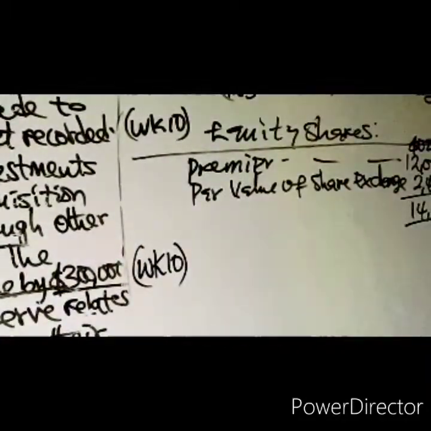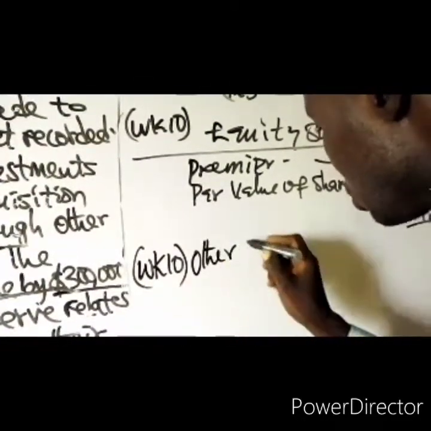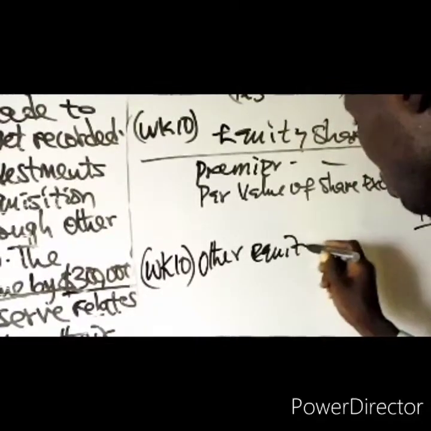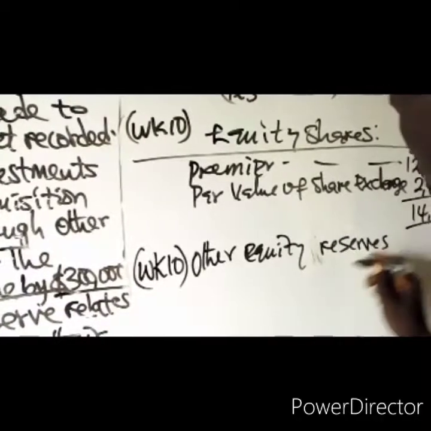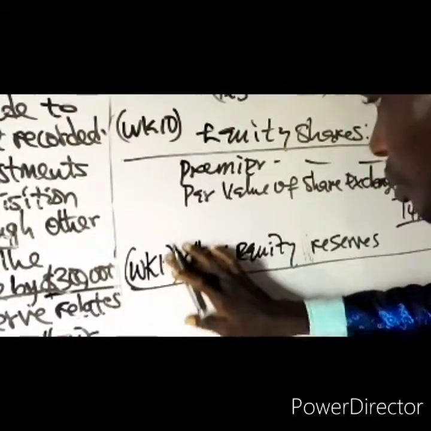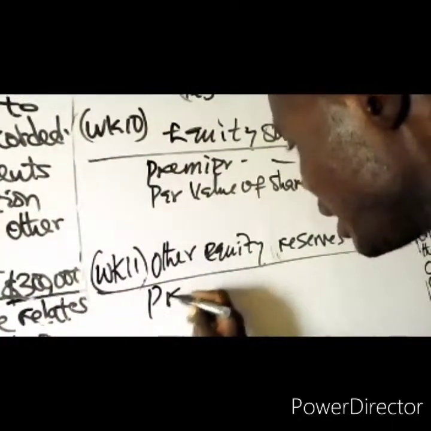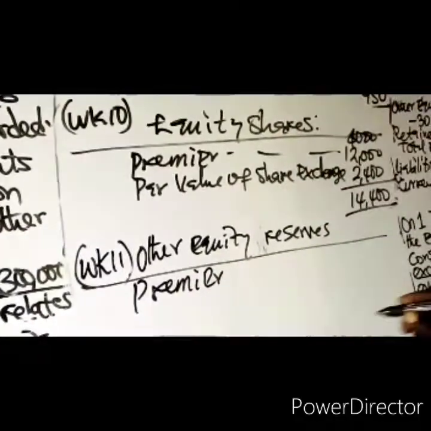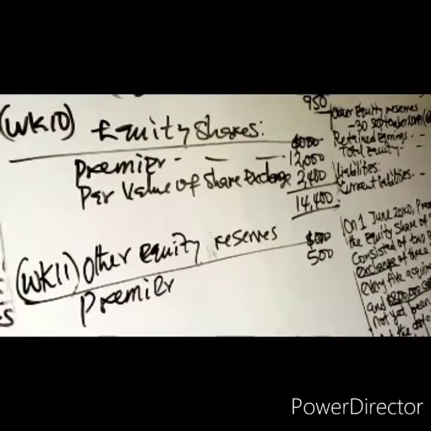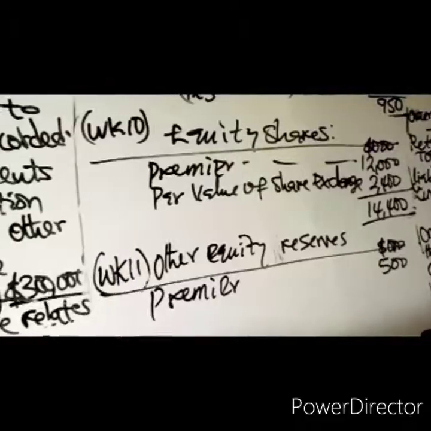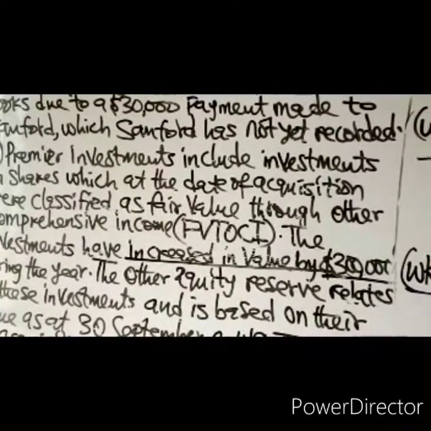So now let's have investment, other equity reserves. That is working 11. That of the parent, which is Premier. In the statement of financial position of Premier, you have 500,000. Then we also have, you were told it increased in value by 300,000.